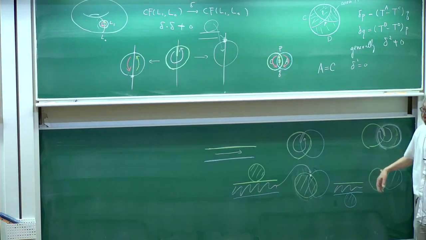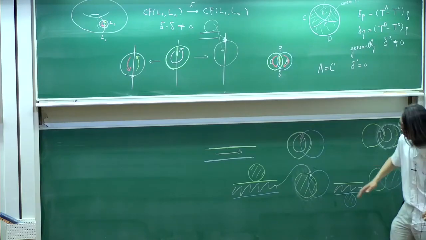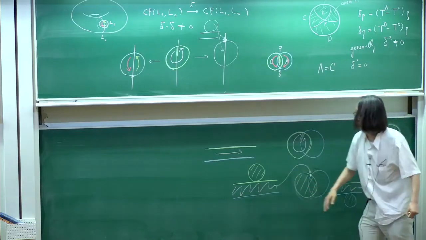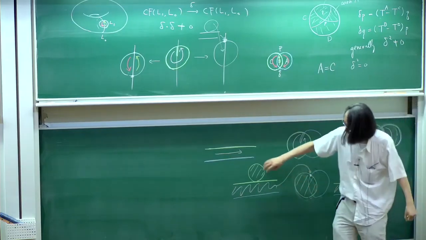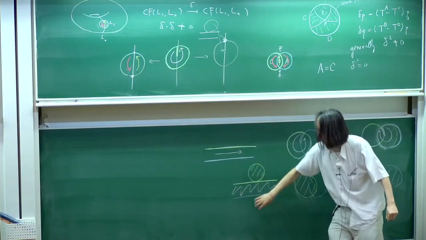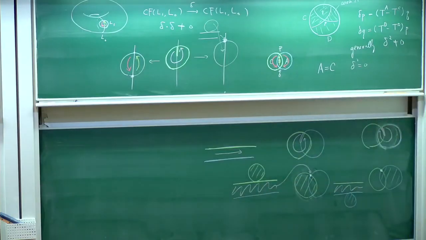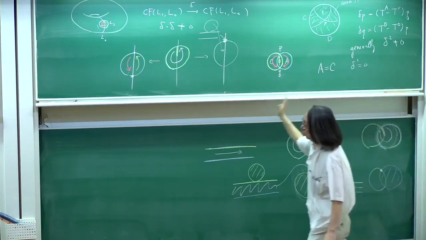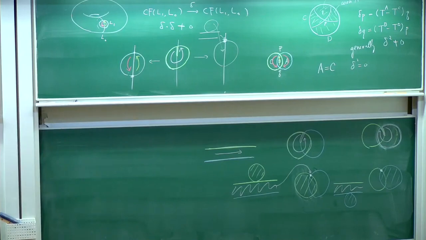So this is the argument which Yonggen noticed for monotone Lagrangians that are Hamiltonian isotopic to each other, with minimal Maslov number at least 2. Because if these two are Hamiltonian isotopic, in the monotone case the holomorphic disks on both sides correspond. So I will come back to this because I may extend it to, in a sense, the general case.